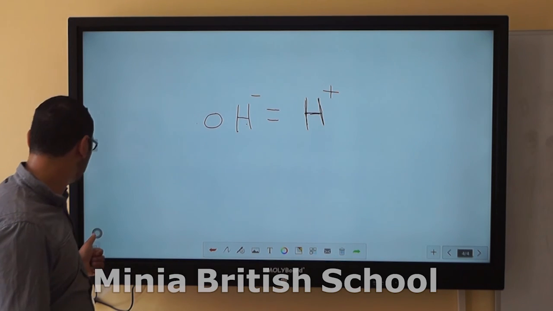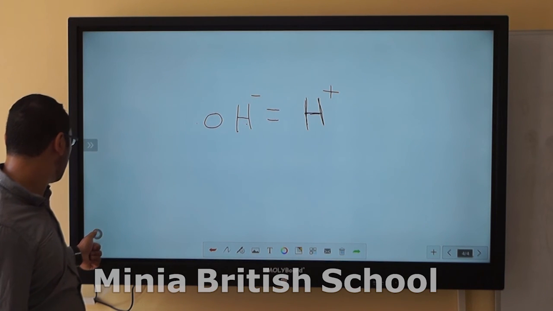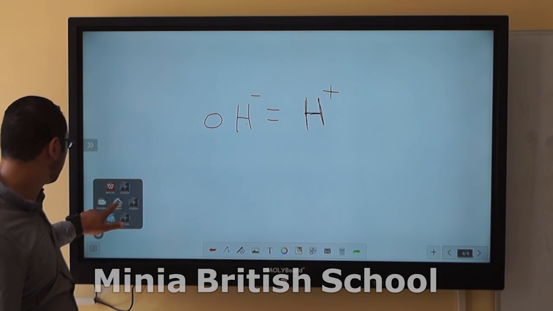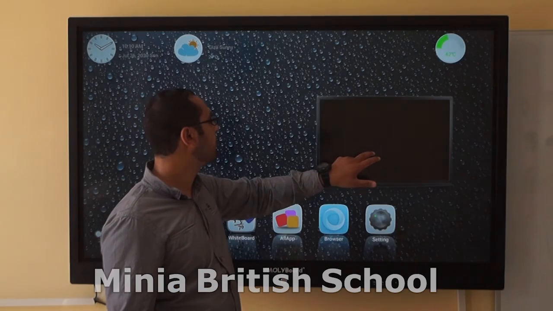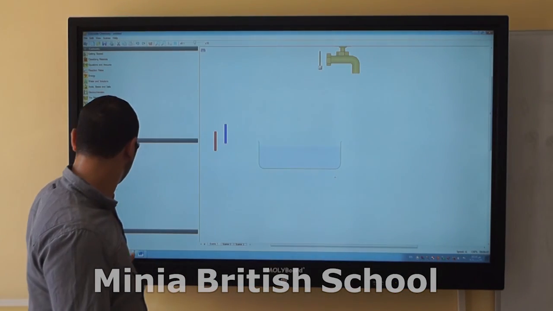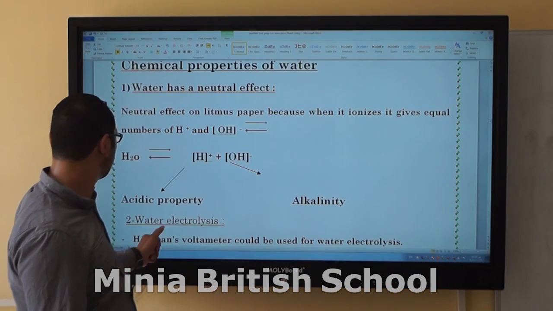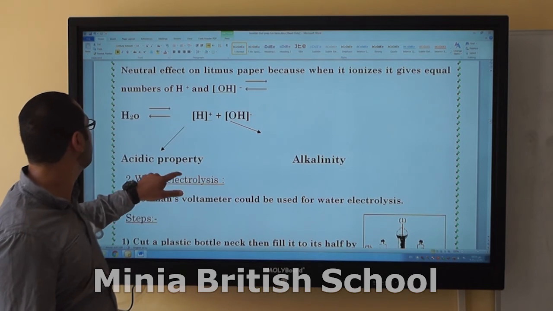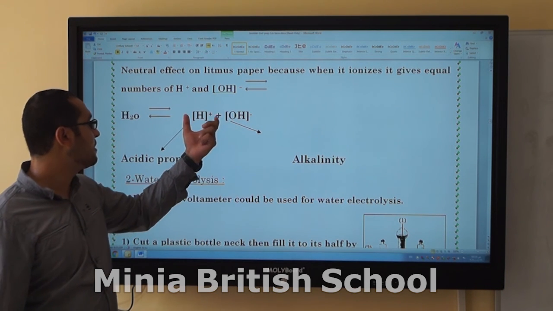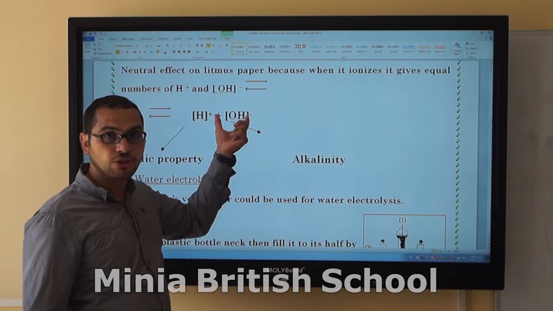So the water has a neutral effect on litmus paper. As you can see here, H2O forms H positive plus OH negative.